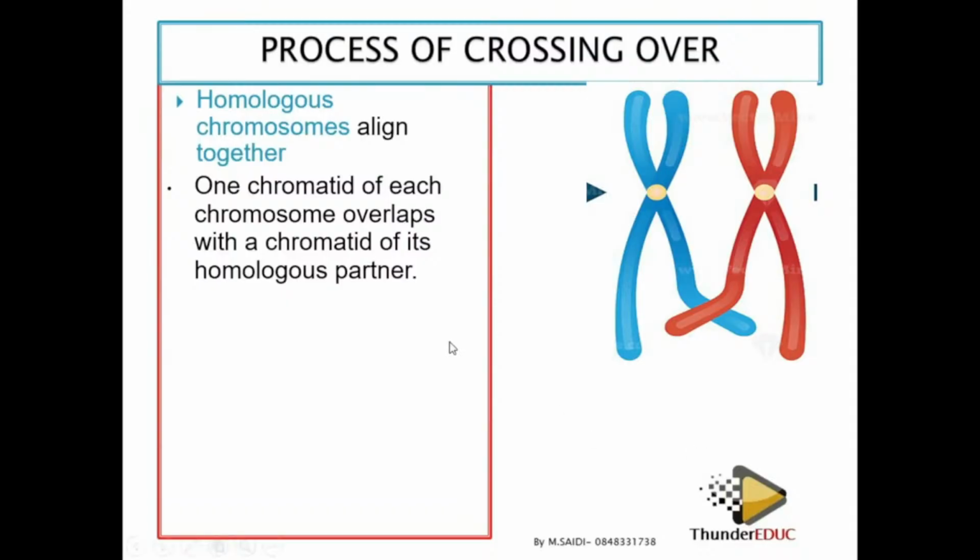When they overlap, these chromatids must overlap based on the homologous pattern. For example, one chromatid from one homologous chromosome and another chromatid from another homologous chromosome cross over. They cross over at a point called chiasma.